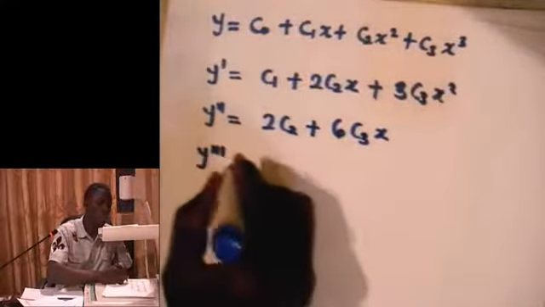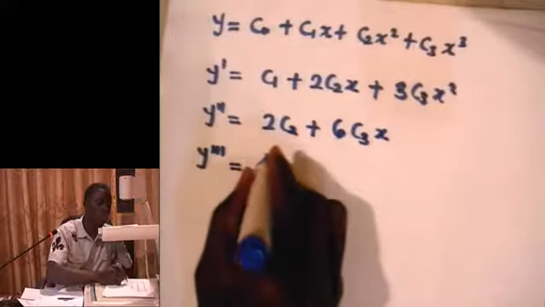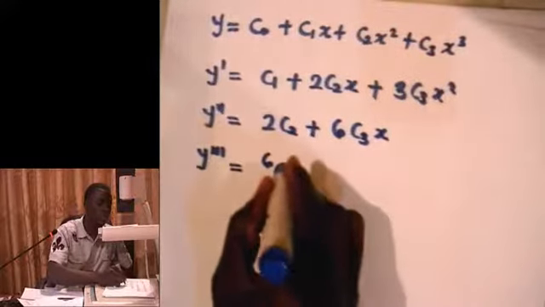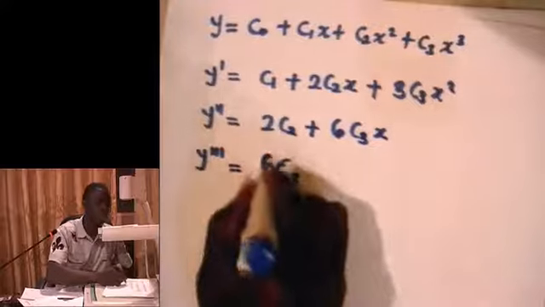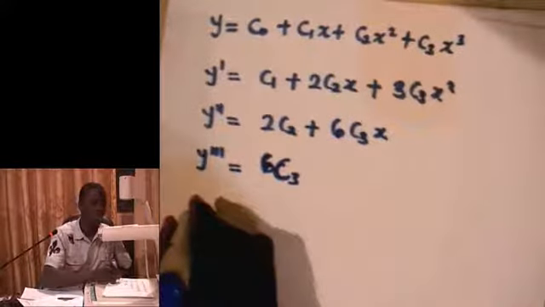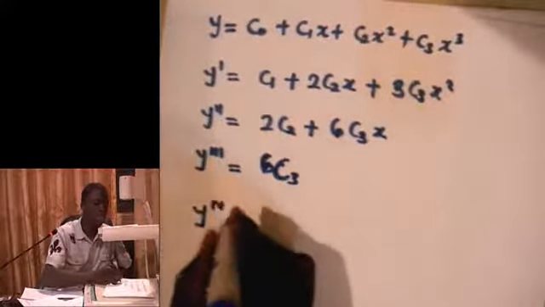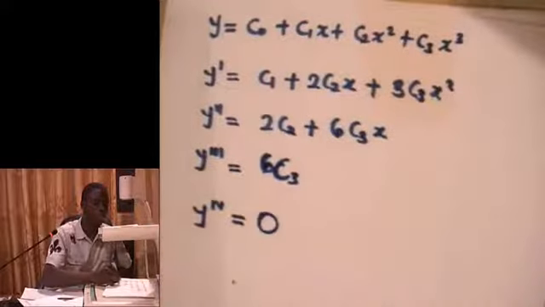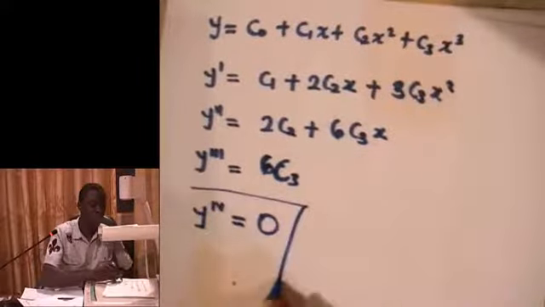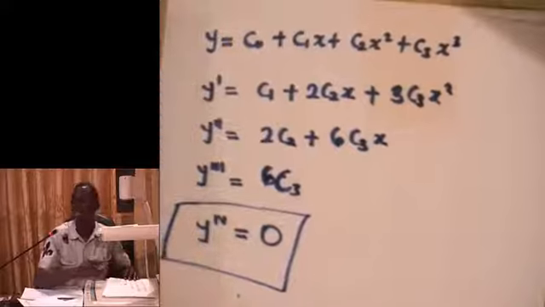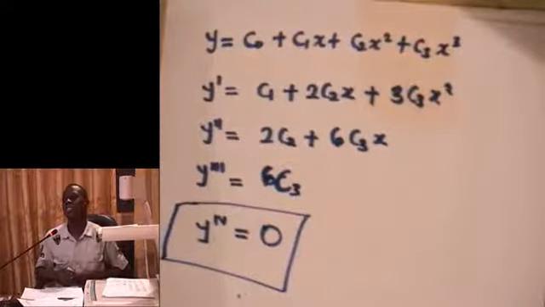Y prime prime prime equals 6c3, and y IV equals 0. So this is our differential equation. It looks strange, but this is the answer.